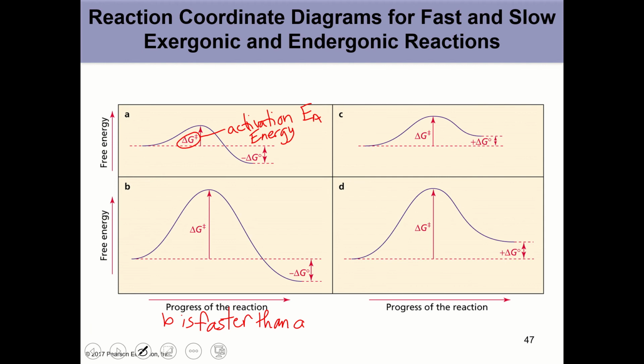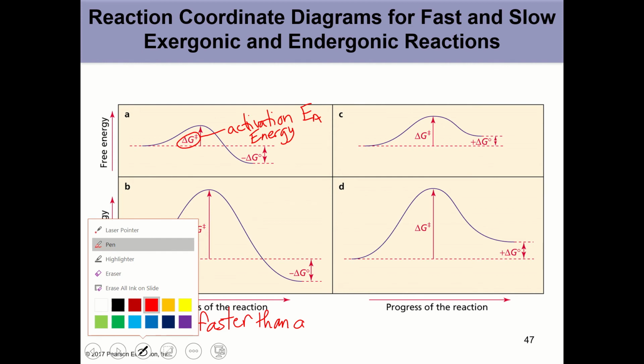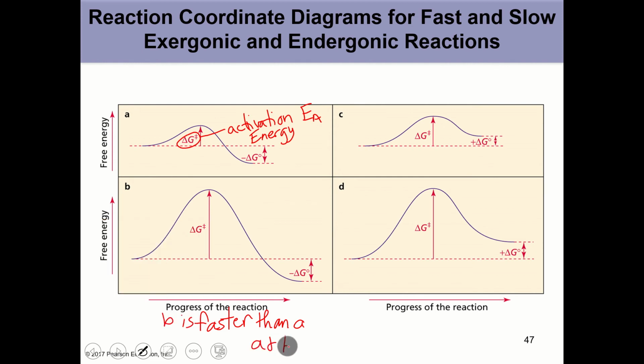We can also compare the value for delta G. Is it positive or negative? So we can say that A and B are exergonic, and C and D are endergonic.